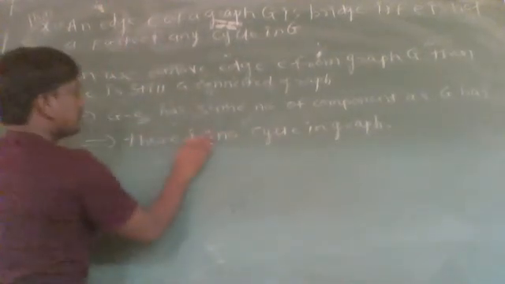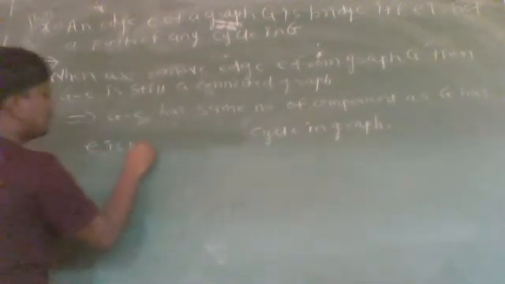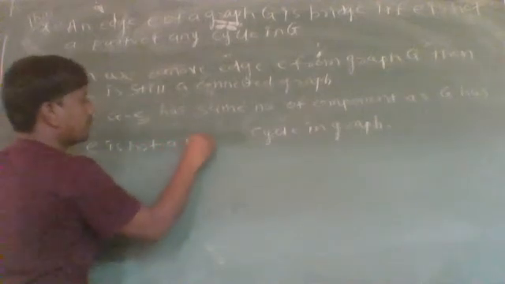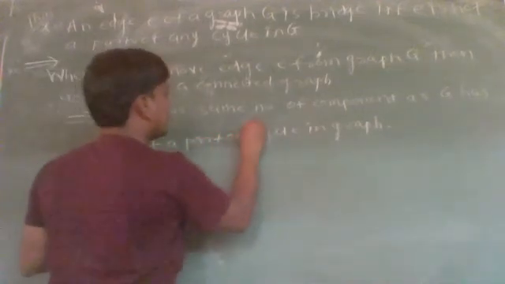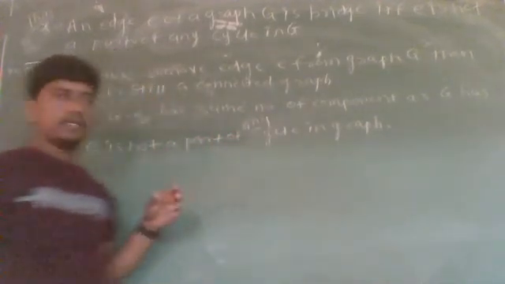So we have proved that E is not a part of any cycle in G. Now we have to prove the if part.